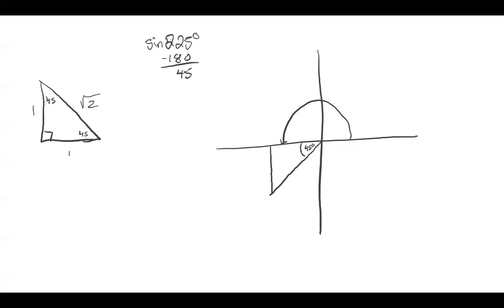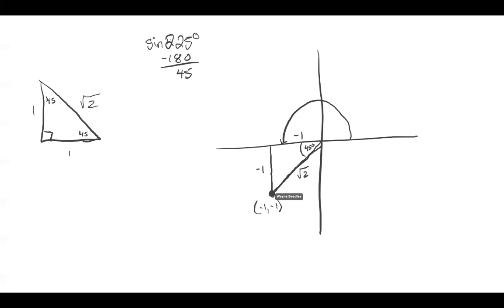So the hypotenuse is square root of 2. And because this is in the third quadrant, both of these are negative. And you might think of this as -1, -1 right here. So you have -1, -1, and square root of 2. The hypotenuse is always positive. Remember that. Okay, so this line right here is always positive.